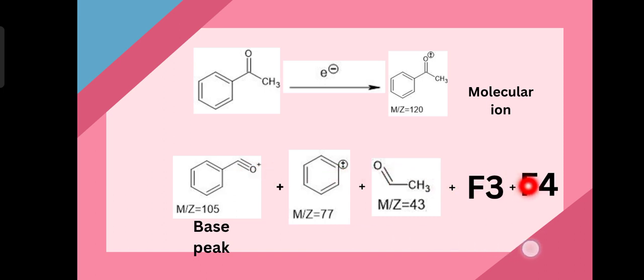All these are fragment ions, and the fragment which is having the percent abundance of almost 100% is considered to be the base peak. So in this case of acetophenone, this structure has the abundance of 100% at mass to charge ratio 105.